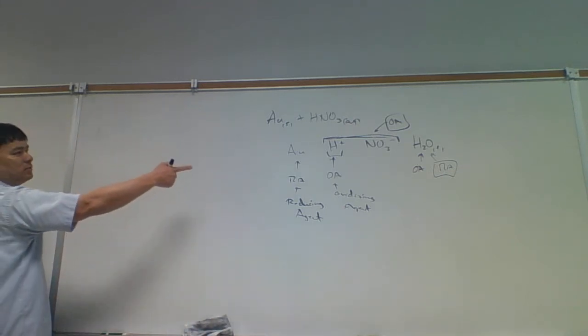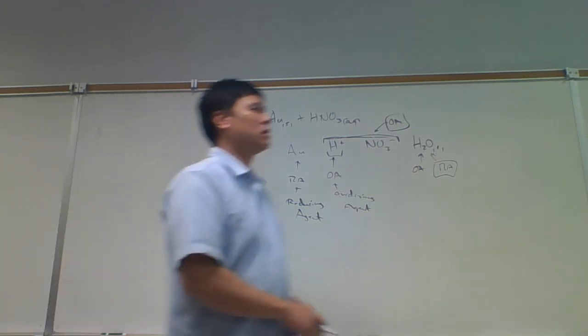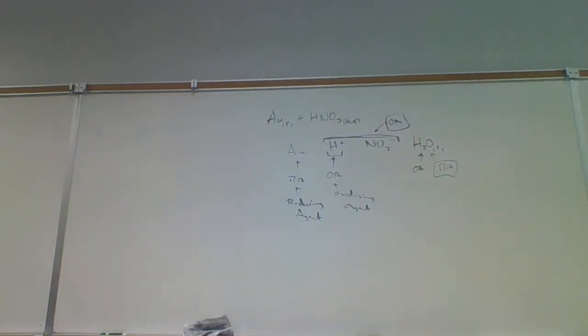And so the first thing is we pick the strongest oxidizer, and then we copy the equation off the chart here. So I'm just going to copy the equation off the chart. Should have done, which is right here.